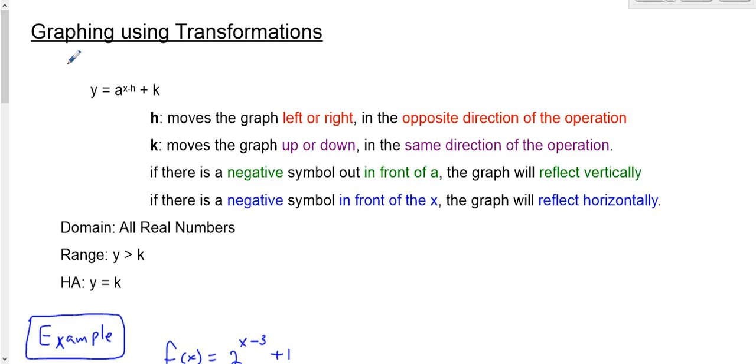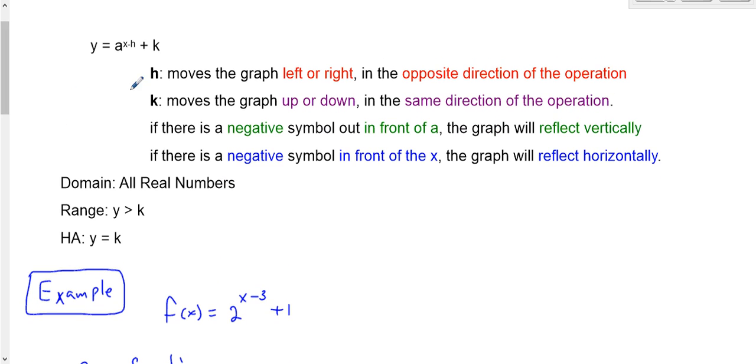Now we're going to look at graphing using transformations. We have y equals a to the x minus h, plus k. So the exponent is the x minus h, and then outside of the exponent, we are adding k. The h value moves the graph left or right in the opposite direction of the operation. The k value moves the graph up or down in the same direction of the operation. Let's clarify that a little bit.